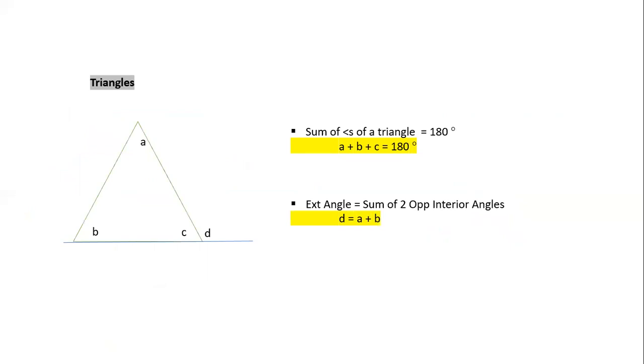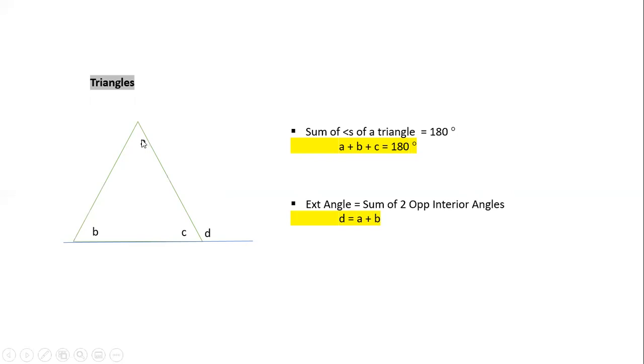So over to triangles. What should we remember about triangles? First of all, the sum of the angles of a triangle add up to 180 degrees. So we say A plus B plus C equals 180 degrees. What else do we know? The exterior angle of a triangle, this angle here, D, is equal to the sum of the two opposite interior angles.